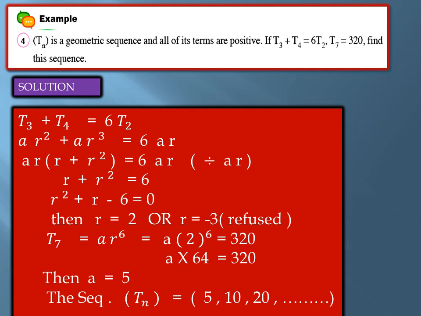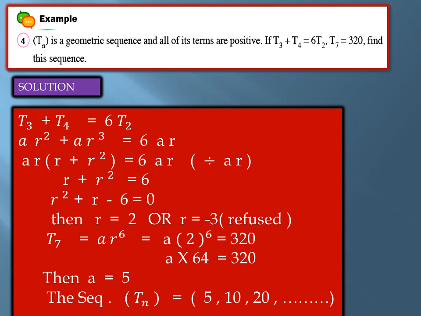A times 64 equals 320. Now divide by 64 to get A equals 5. The first term A equals 5 and the common ratio equals 2.